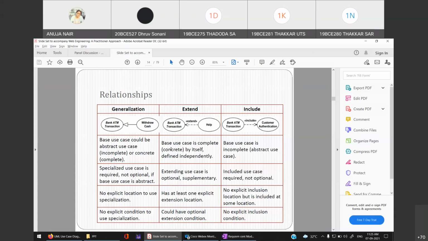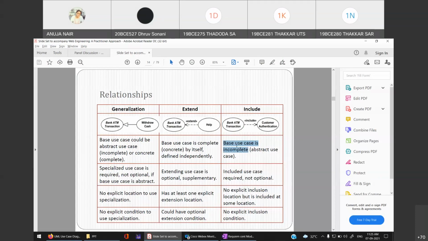Concrete classes and abstract classes. Concrete classes are complete on their own. They have their entire implementation. And abstract classes are the ones which do not have the implementation, right? Here it's written base use case is complete. When you see include, it's written base use case is incomplete, which is abstract.